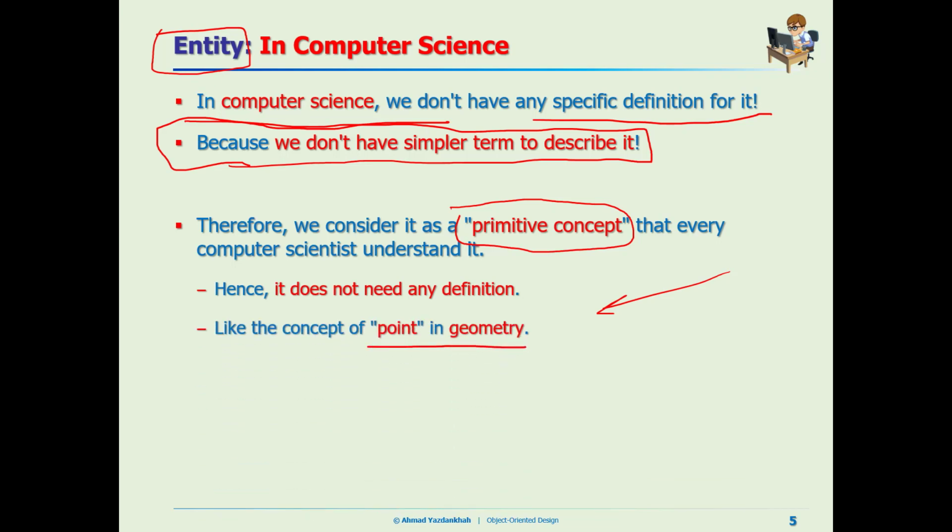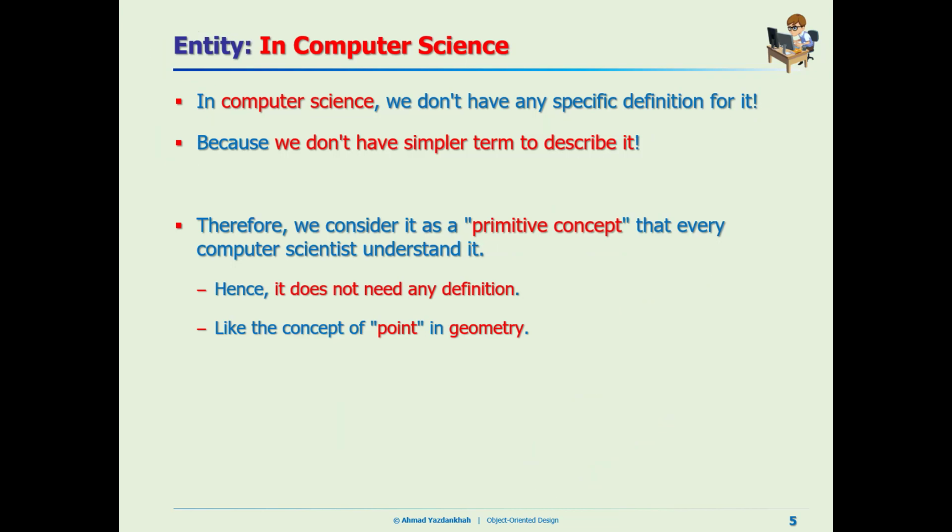You remember that we couldn't define point, but the whole geometry was based on the point, right? Based on the point, we define the line, and then based on the line, we define the plane, and so forth. In computer science, entity is such a thing: a primitive concept, and we assume that everybody understands it.